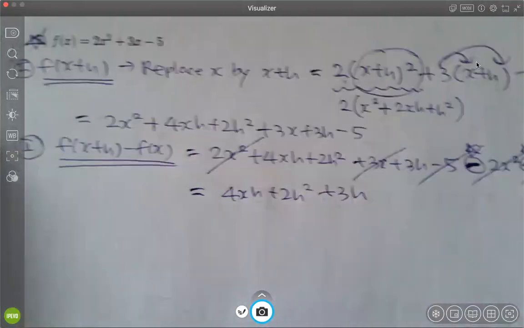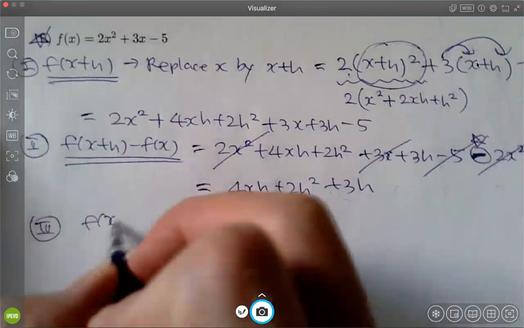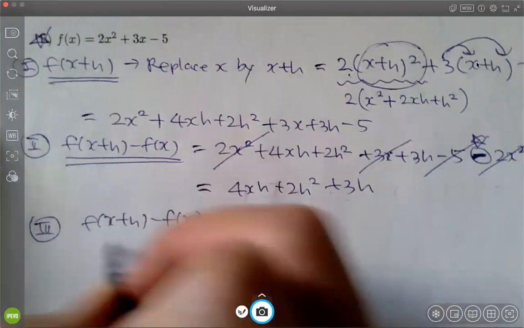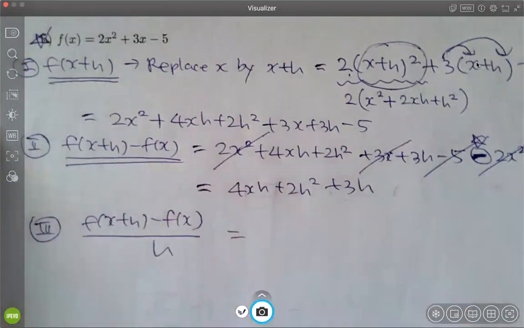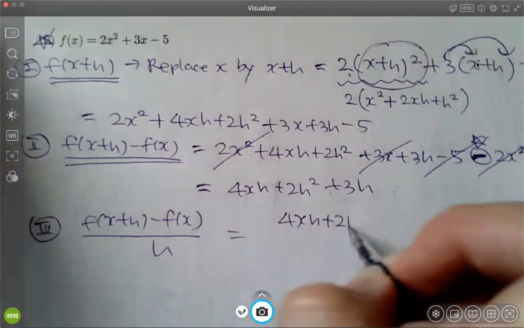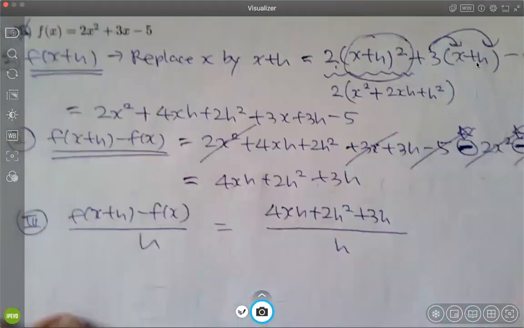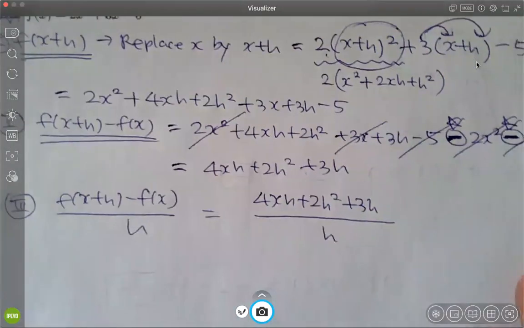And now, what is the entire difference quotient? You divide these things by h, right? So what is this? 4xh plus 2h squared plus 3h all over h, right? Now, how can we simplify this?